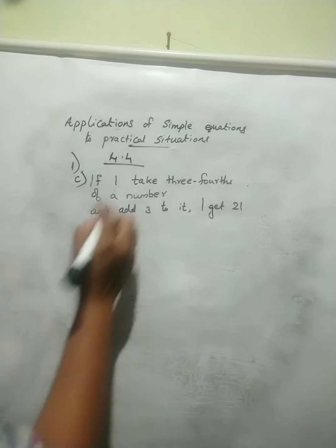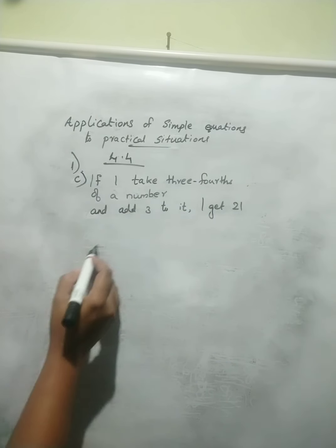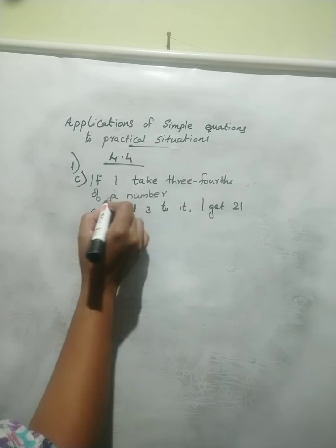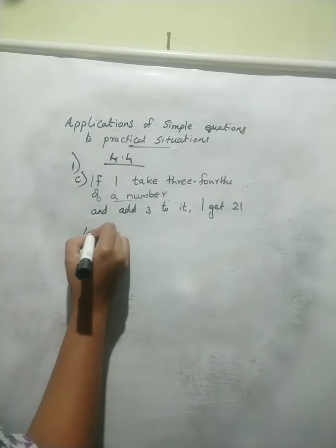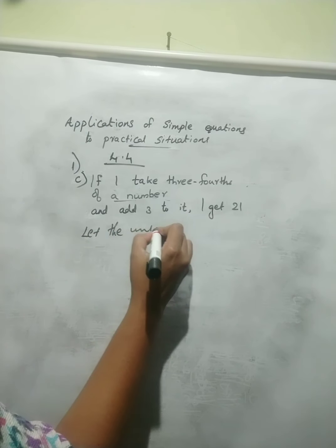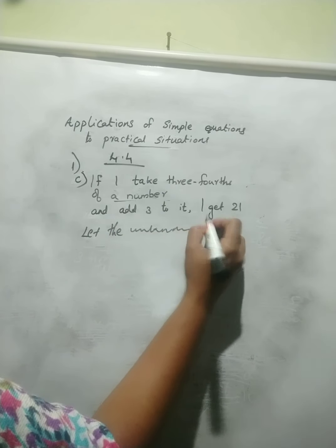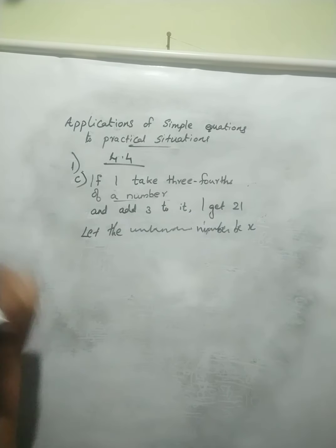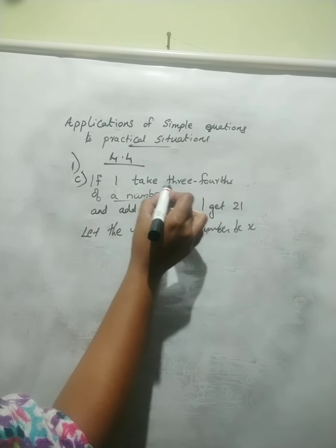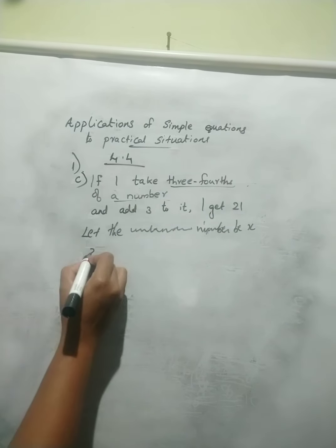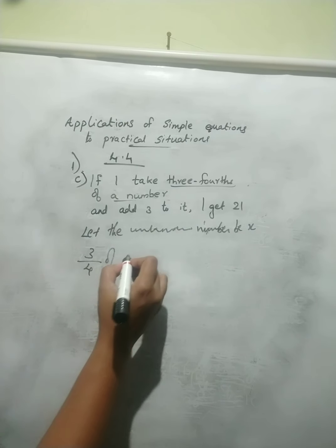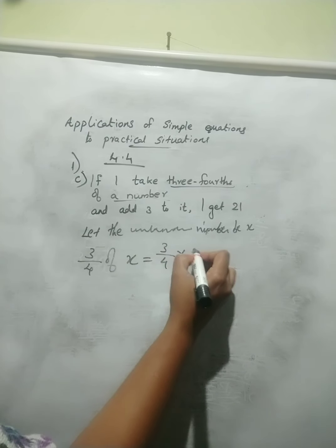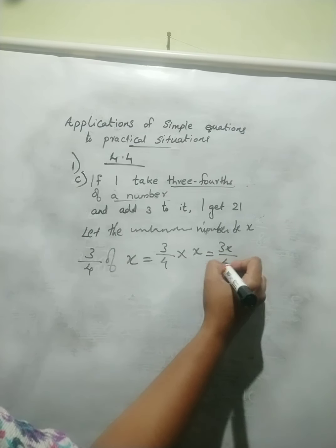Question number C. If I take 3/4 of a number and add 3 to it, I get 21. So here also we don't know that number. So let the unknown number be x. So 3/4 of x, the unknown number, that is 3 on 4 times x, that is 3x on 4.